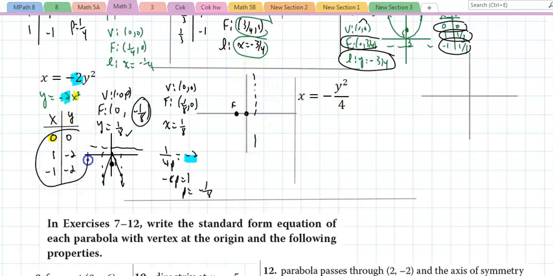And if I switch x with y, 0, 0, negative 2, 1, x equal negative 1, negative 2, 1. And if I switch x with y, negative 2 for x, negative 1. And you know the shape because the graph can never cross that line. And there it is.